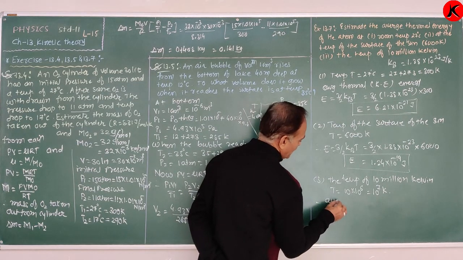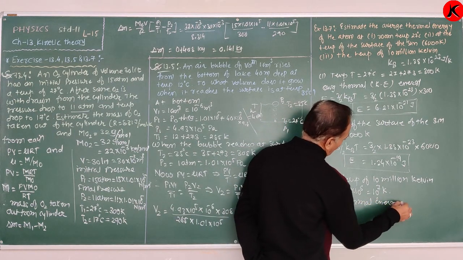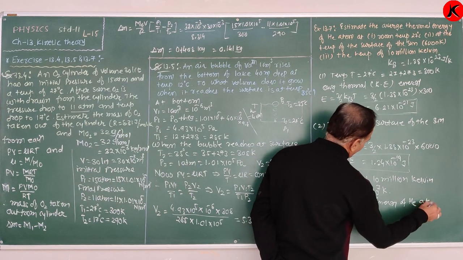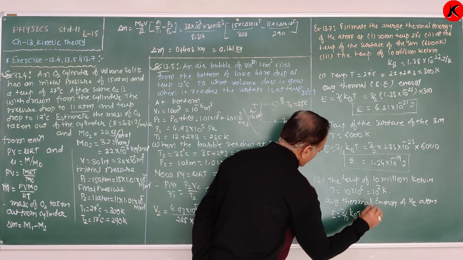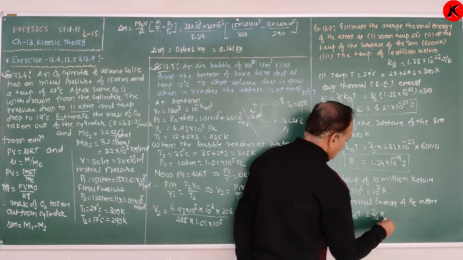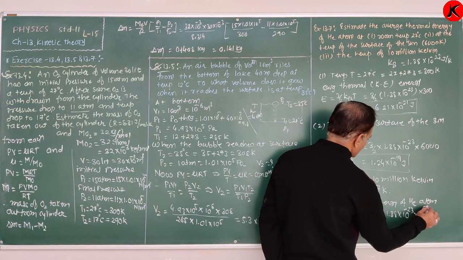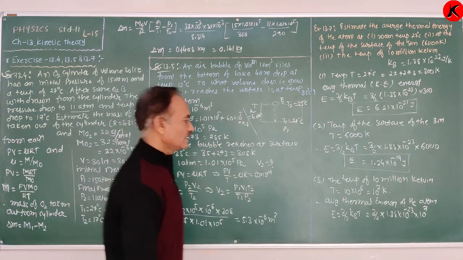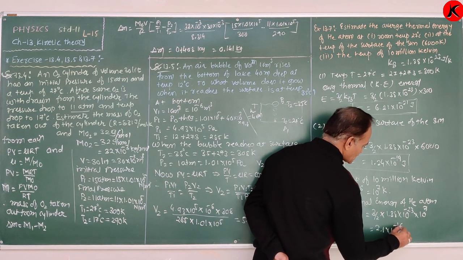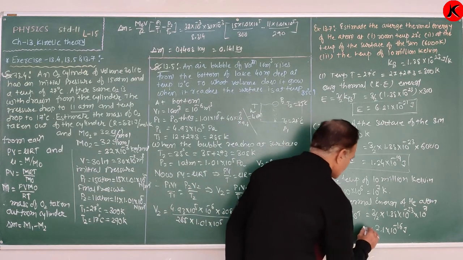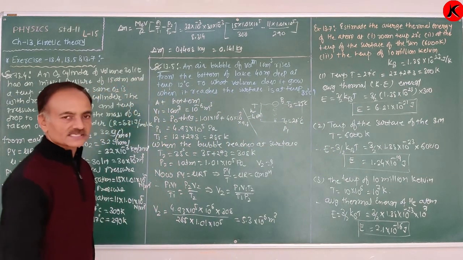Therefore, the average thermal energy of the helium atom is E is equal to 3 by 2 kB T, that means 3 by 2 kB, 1.38 into 10 to the power minus 23 into 10 to the power 7. Therefore, simplification is 2.1 into 10 to the power minus 16 joule. That is the average thermal energy of a helium atom at 10 million Kelvin temperature.